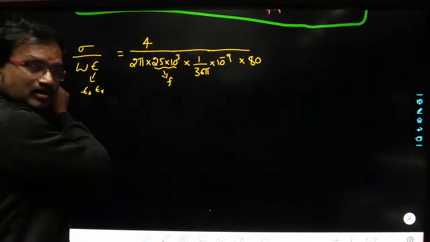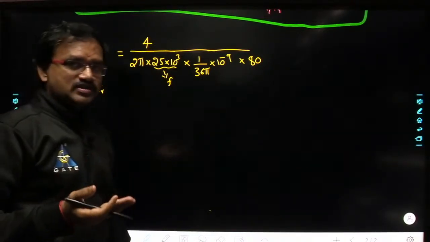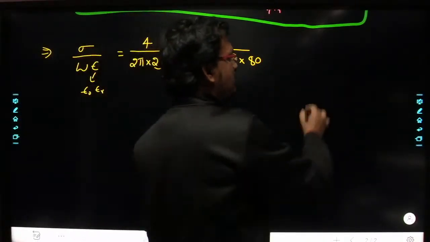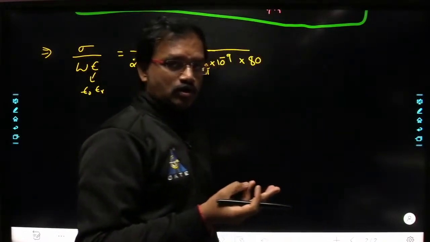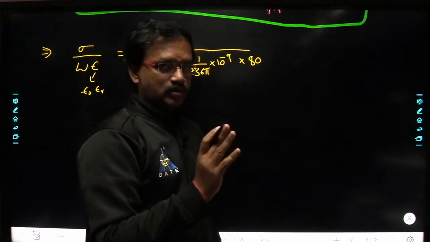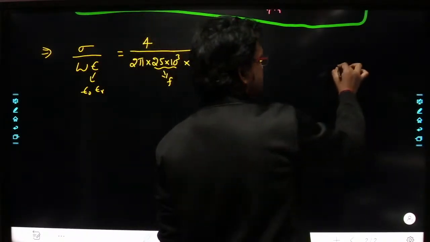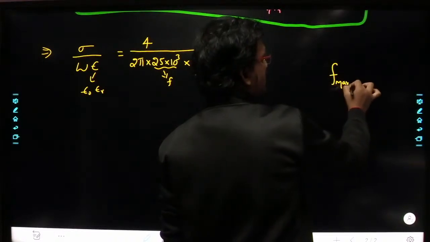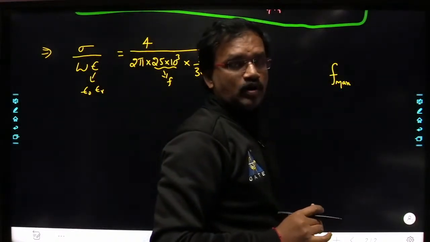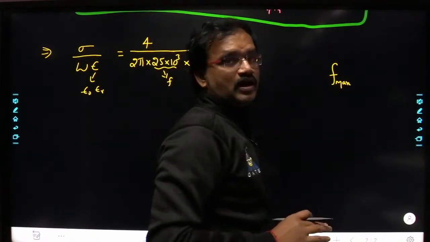See here, there is no need to do all these things here. Yesterday in the previous class itself, we have seen for seawater: sigma equal to 4 Siemens per meter, epsilon r equal to 80, mu r equal to 1. For this value, what is the maximum frequency below which the medium is going to behave as a good conducting medium?